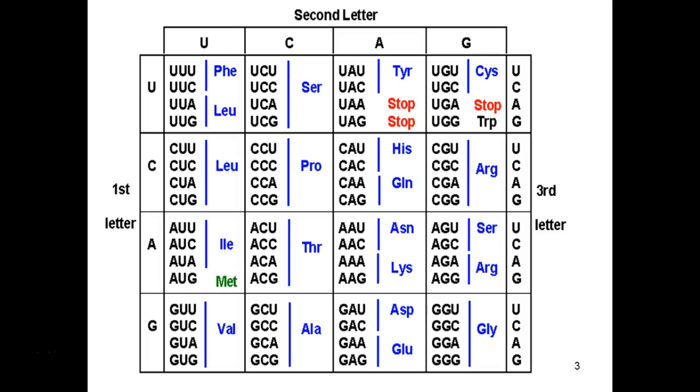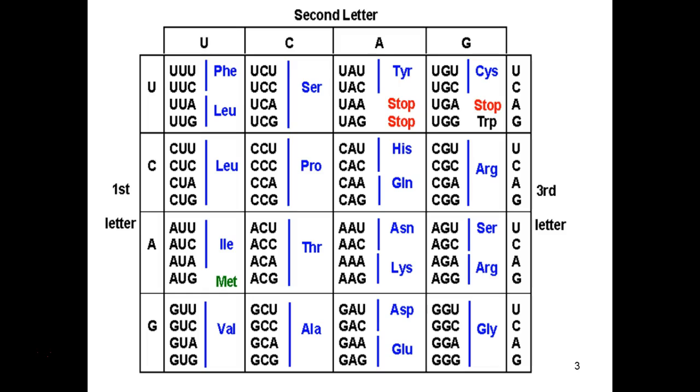We call those stop codons, of course, or nonsense codons. The rest are referred to as sense codons. They all code for an amino acid. The 3 letters you see here in blue are the amino acid 3-letter abbreviations.